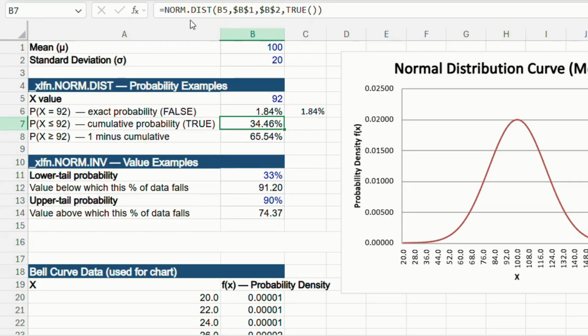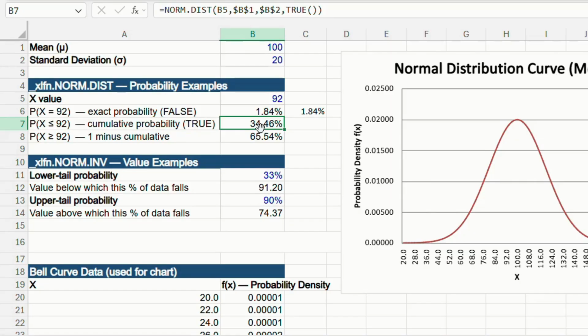So our formula is equal to normal distribution, our B5 is 92 or more, and then our mean and the standard deviation. This time we use true, and then we get 34.46.